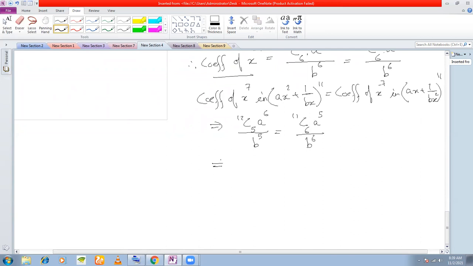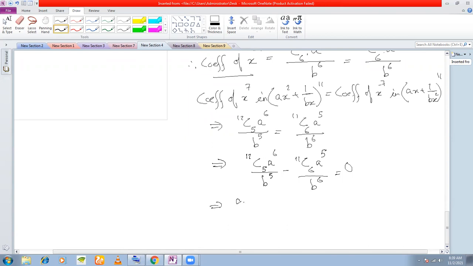Okay. How do you solve? You take everything to one side. 11c5 a to the power of 6 by b to the power of 5 minus 11c6 a to the power of 5 by b to the power of 6 is equal to 0.